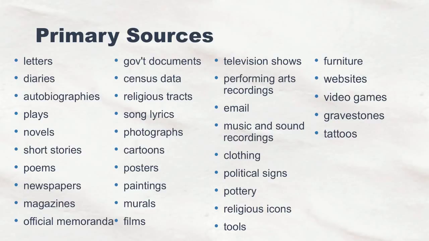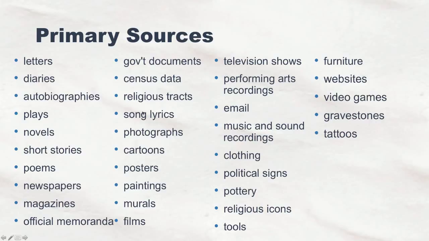So anything, written sources like letters, diaries, autobiographies. I want to point out that fiction, novels, short stories, poems, plays, all of that is fair game for insight, for information about the time period that it was written. Newspapers, magazines, we're used to official memoranda, i.e. things written by politicians or government officials, things that we would tend to find in official archives.